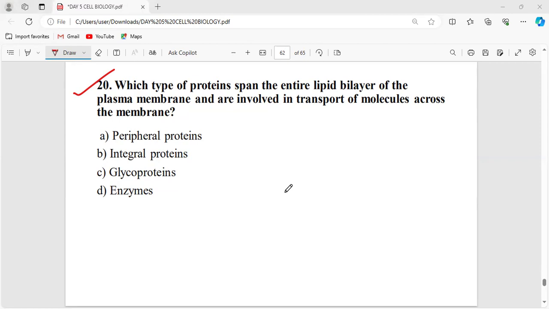Which protein is easy to separate from the plasma membrane just by adding some detergent? Peripheral proteins, because they are attached on the surface itself. The integral or transmembrane protein is embedded within the membrane.